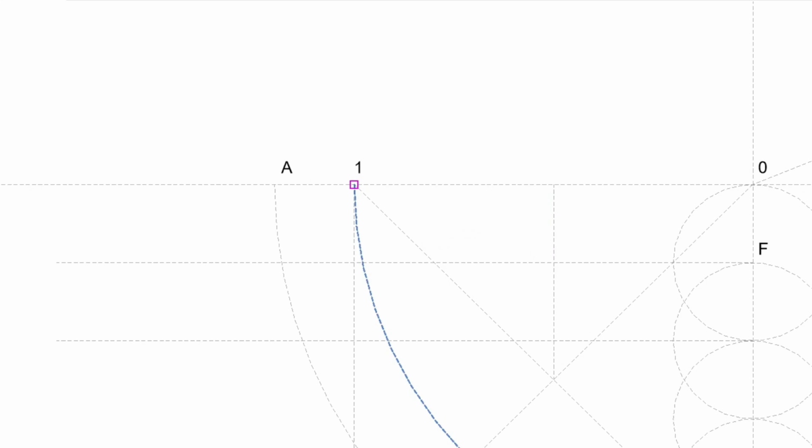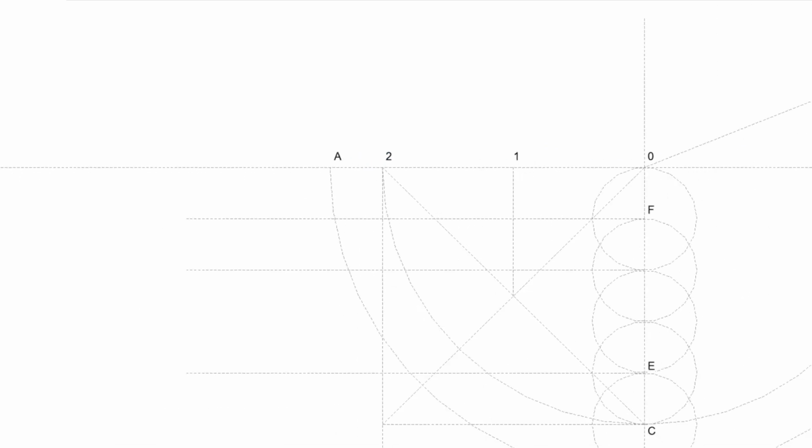And then you will center your compass on point, let's call this one, hang on. We'll call this 2. You know what? It would make more sense if we flip those numbers around. Let's make this 1.1. Right.